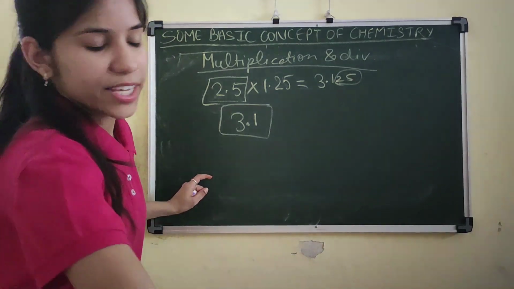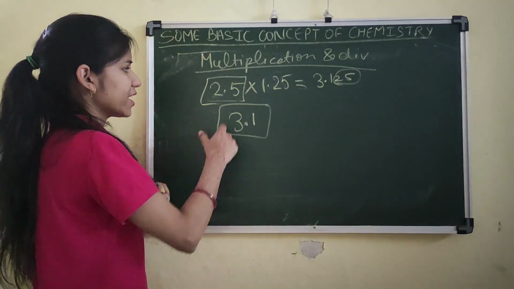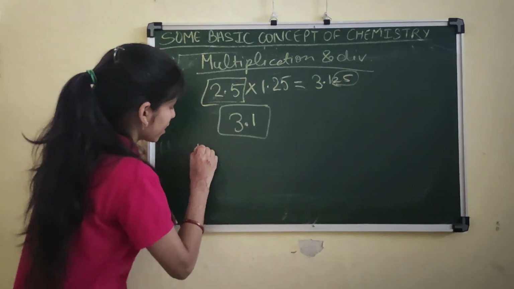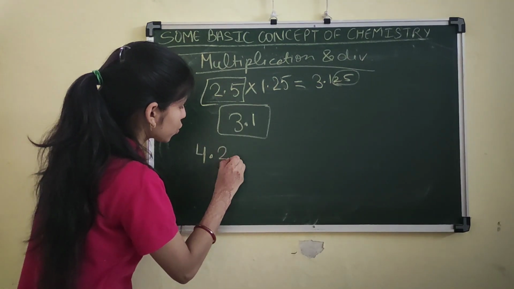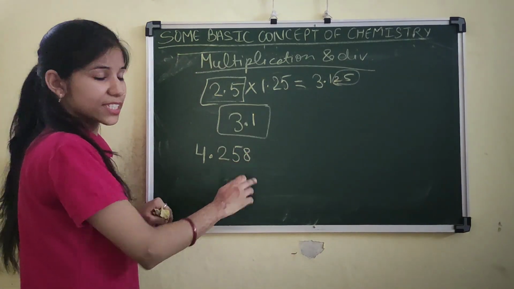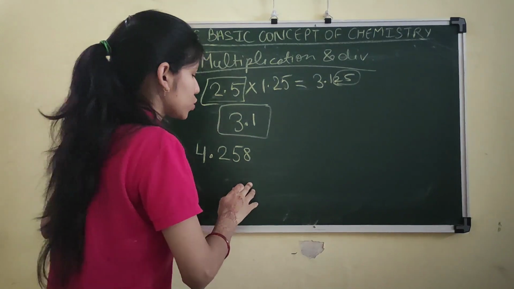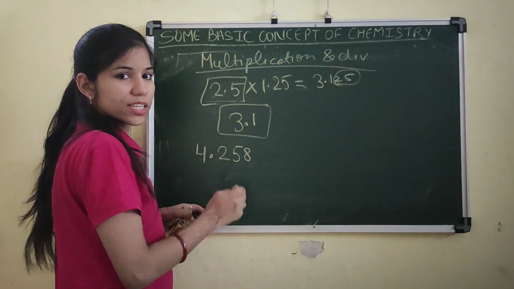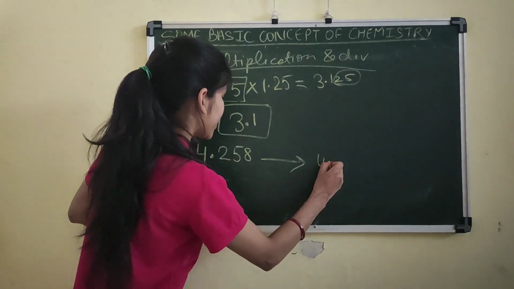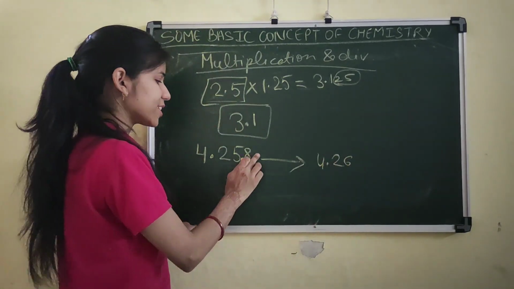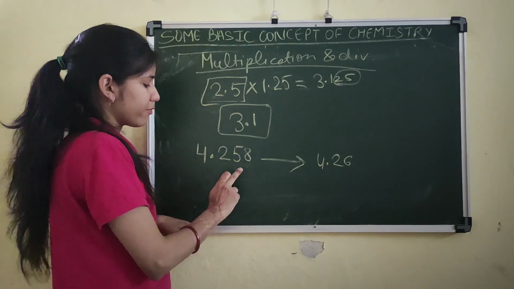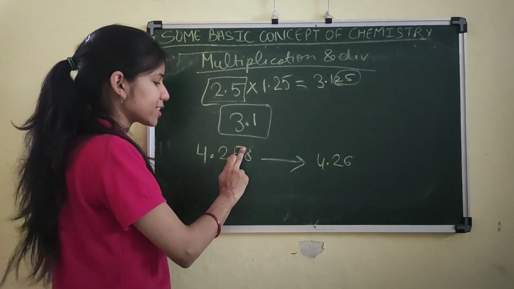And in this, there are some rules applied for rounding. For 4.258, if the last digit is greater than 5, the previous digit is increased by 1. So this will be equal to 4.26 and this is removed. This is greater than 5, so 1 is added, so this will be 6 and the last digit is removed.